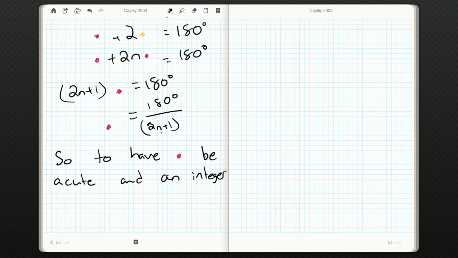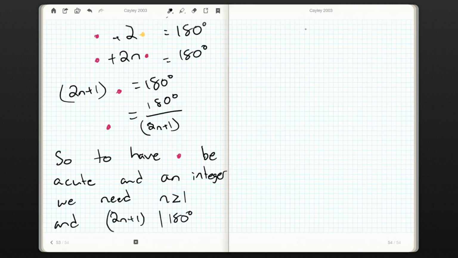Well, we know if n is 1, we automatically are 60 degrees. And if n were 0, maybe, we'd get 180 degrees. So if we want it to be acute, we need n to be bigger than or equal to 1. That's not that hard. And we need 2n plus 1 to be a factor of 180 degrees. Because if it's not, we're going to get some weird decimal, and it's not going to be an integer.